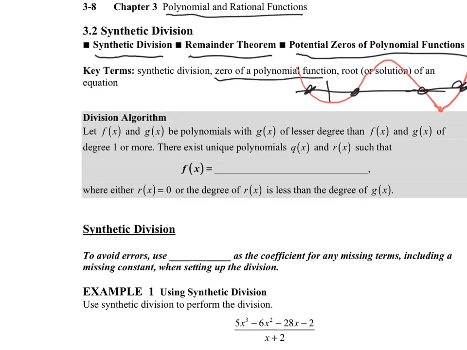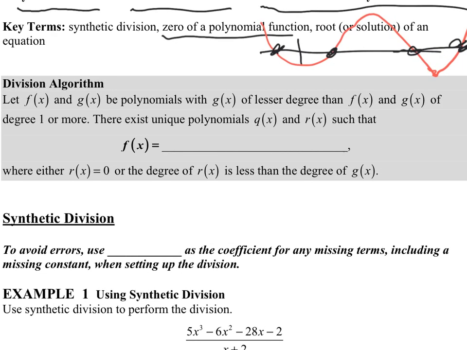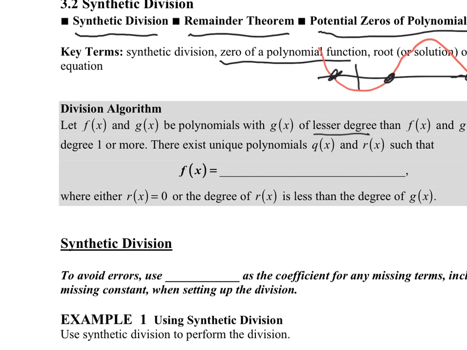So to start off with the algorithm, let f and g be polynomials and g be of lesser degree. So we've got two: f of x and g of x. An example would be f of x could be a 6th-degree polynomial, and g of x has to be a lower-degree polynomial. So g of x could be x to the second power, quadratic.